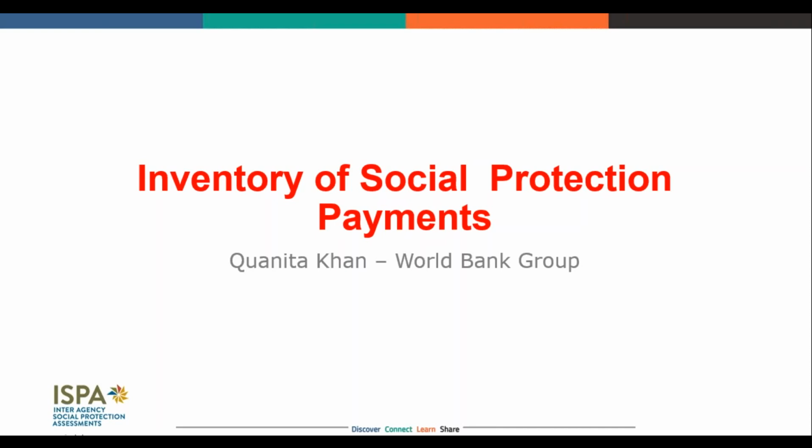We can start with Caroline answering it, but we also have Juanita Alihan, who will be presenting just after we answer this question on this social protection inventory payment that actually can give you maybe some of the answers to the questions that you were asking as well, and a good background for starting work on this tool. So Caroline, can we start with you?